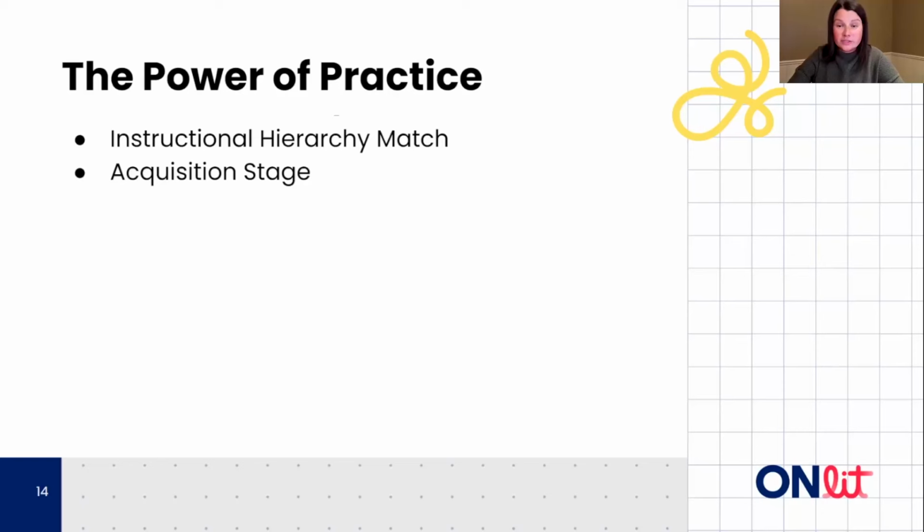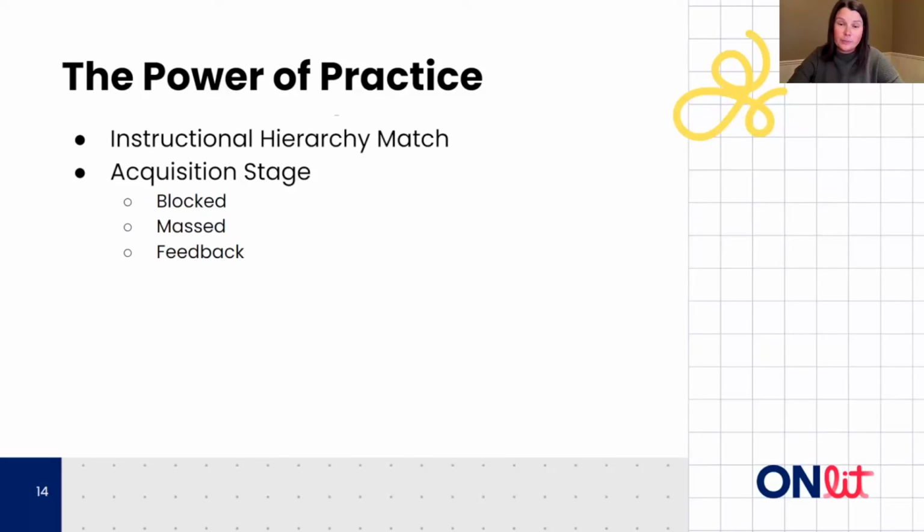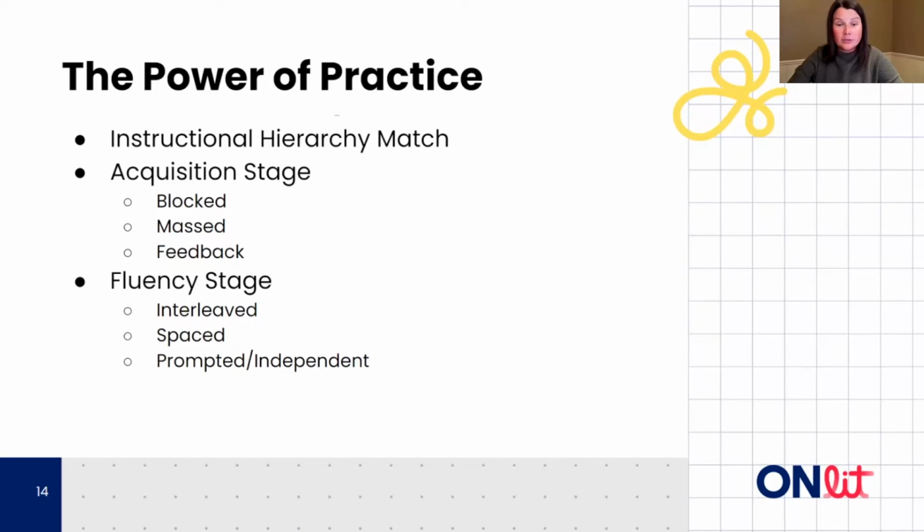If the student is still in the acquisition stage, they need practice opportunities that are blocked together with intensity and with lots of feedback to ensure accuracy. As students shift to the fluency stage, then practice needs to be interleaved with other content, spaced over time, with feedback as required. Deliberate practice is essential.